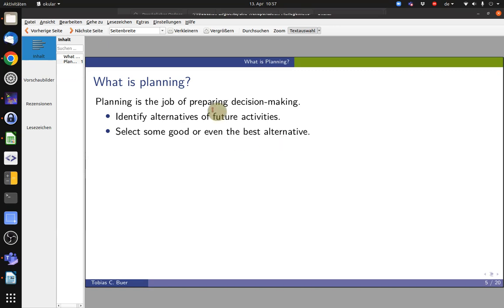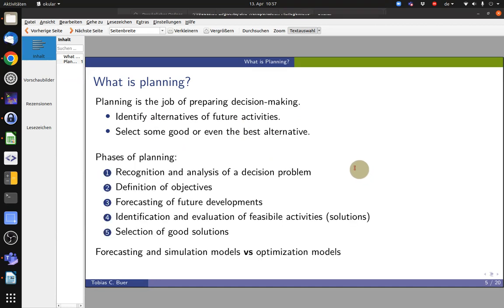And we have to evaluate these alternatives. We have to say what is a good alternative, what is a bad alternative, and then we can select some of these alternatives to make our decision. So we have alternatives, evaluation of alternatives, and selecting the decision.